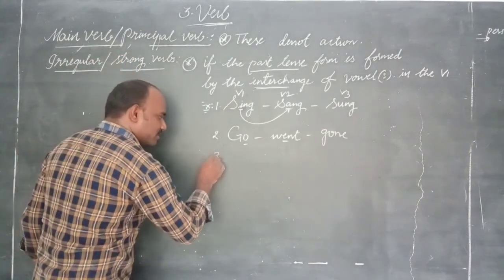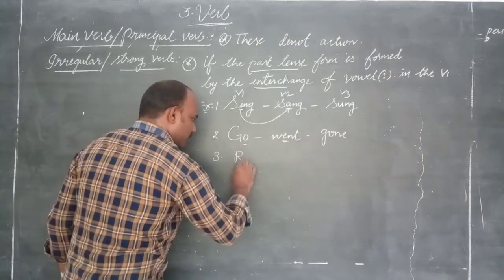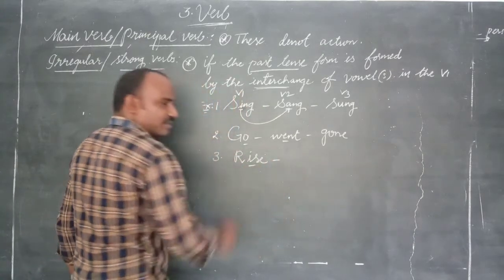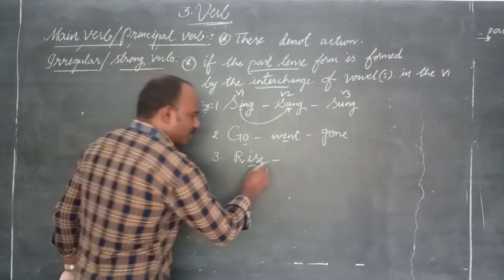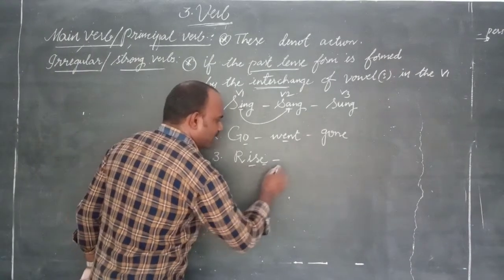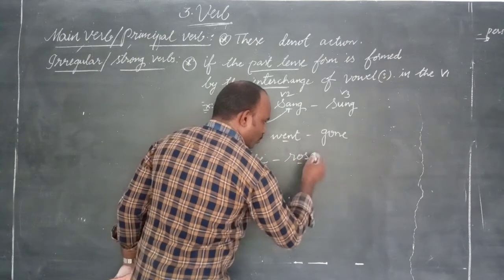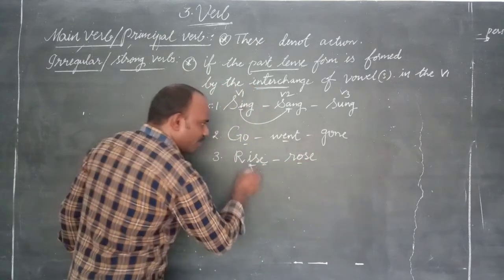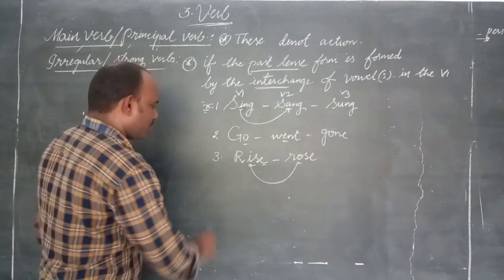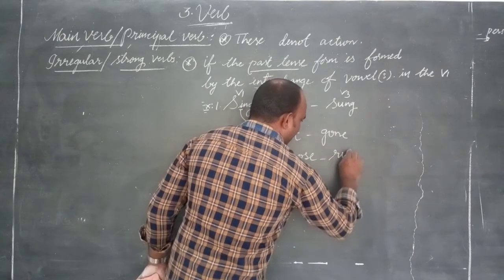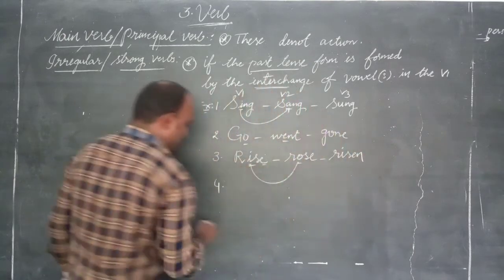One more is rise. Here, I, of course, is a vowel. Rise. The past tense form of this verb is rose. You see, this I is replaced by O. And the past participle is risen.